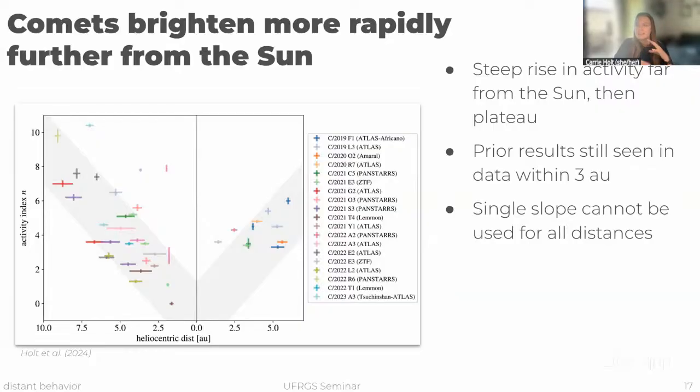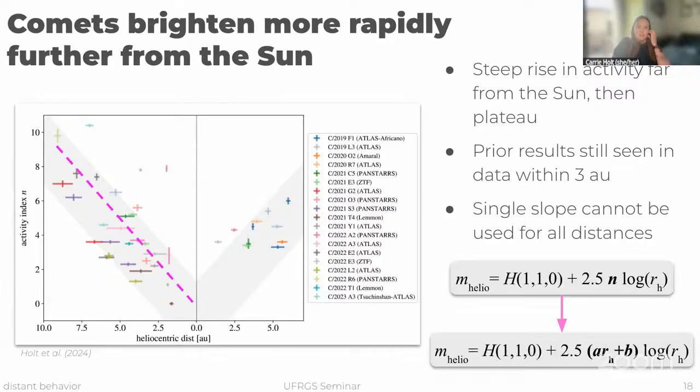This does not negate the results from the past several decades. We still see that trend of those same slopes within 3 AU from the sun. So this isn't negating those original studies. It's in addition to that, for these distances. Again, the big takeaway is that a single slope can't be used, but also that they have a very similar pattern.